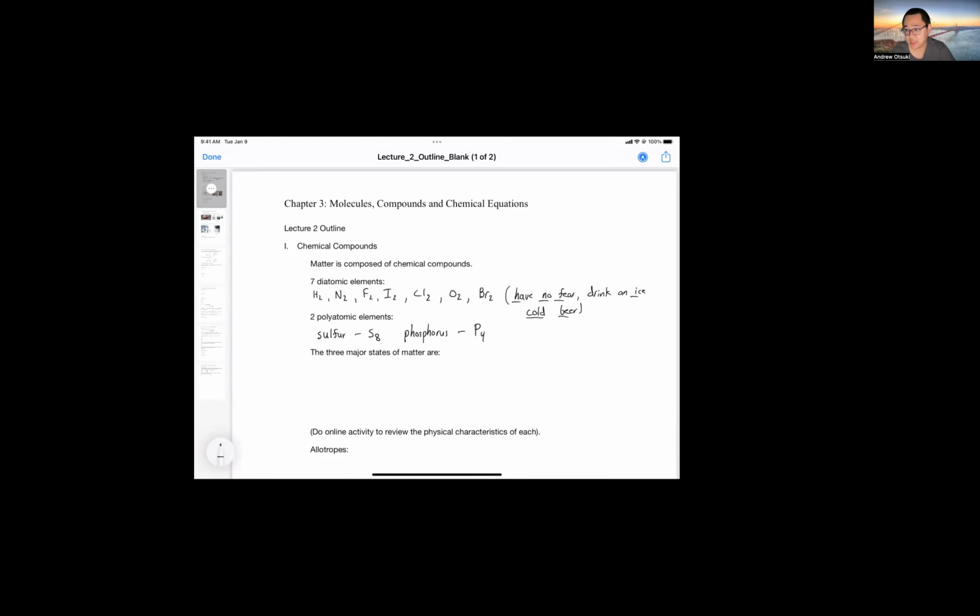We don't really see any other types as commonly. Like there is plasma and there's a new form of glass, I think, called liquid glass. But those are not as common as these other 3 types. So solid, liquid, and gas.